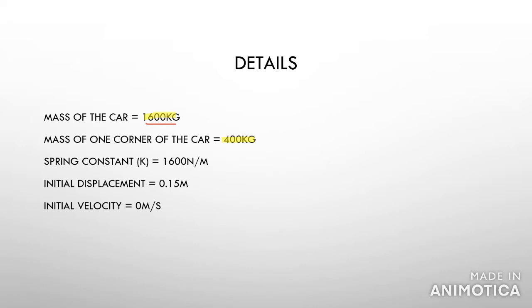The spring constant of the spring will remain constant at 1000 newtons per meter. The initial displacement in testing will also be constant at 0.15 meter, and the initial velocity will also be constant at 0 meters per second.